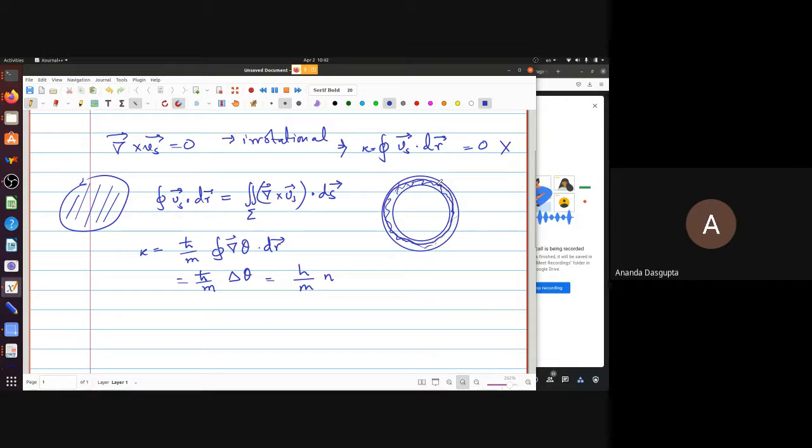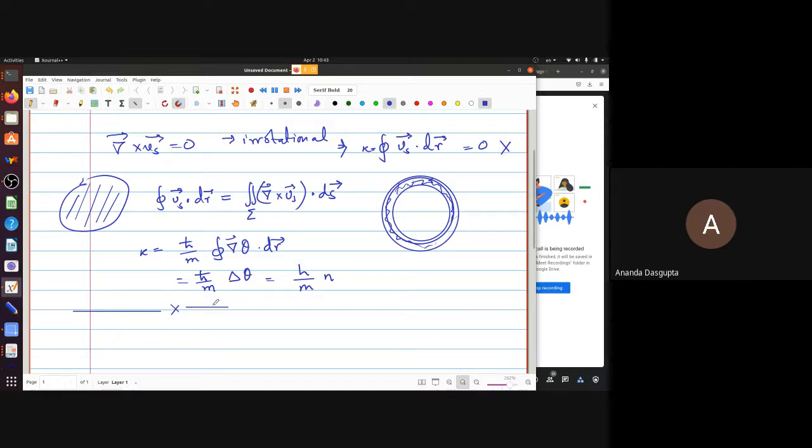So you take a loop here and you want to calculate the circulation along this. Stokes' theorem would have equated that to a surface integral of curl of V over this entire region, but curl of V is not even defined in the region inside. So that's how this problem gets solved. At least we don't have the problem that curl of V equal to 0 would have to tell you kappa is 0.